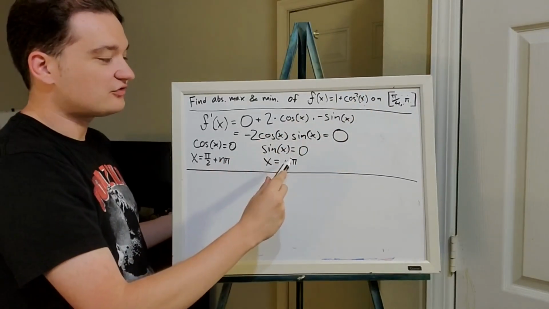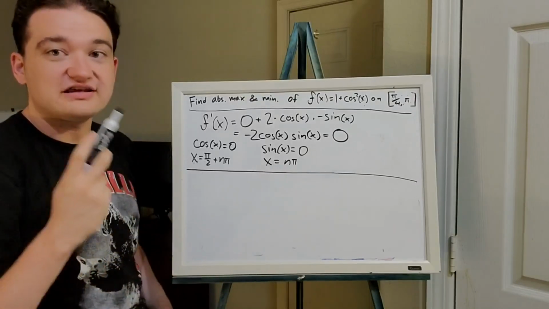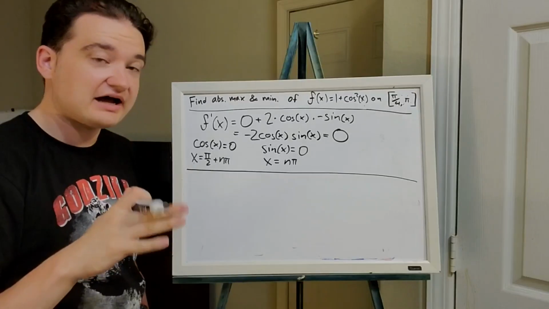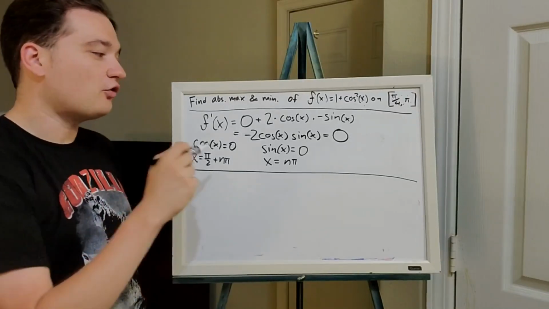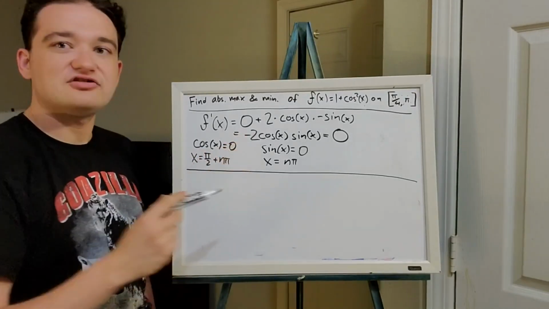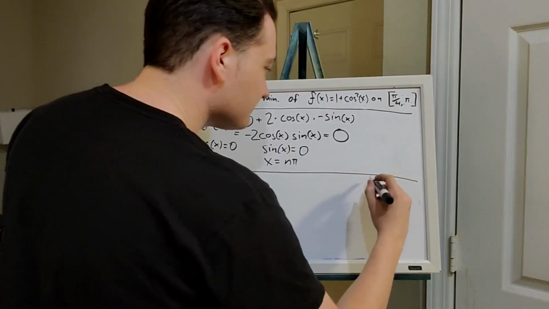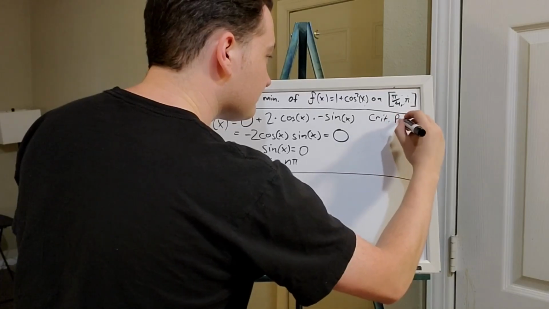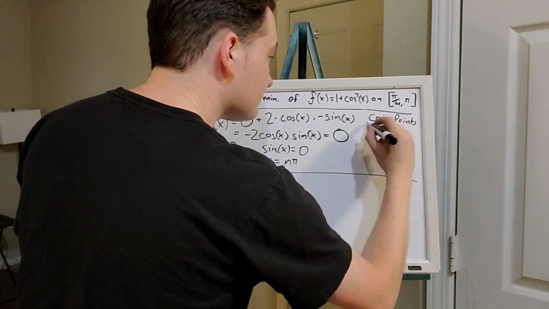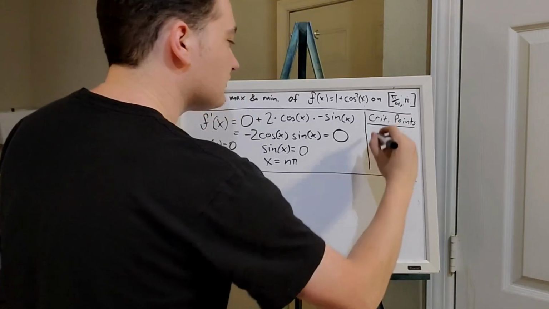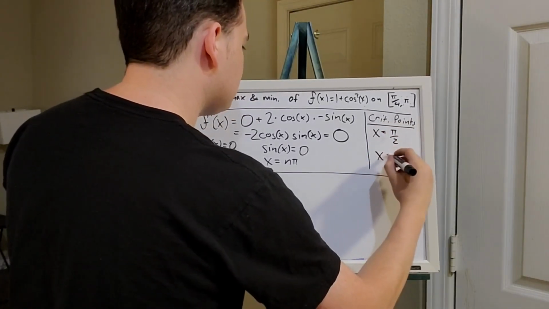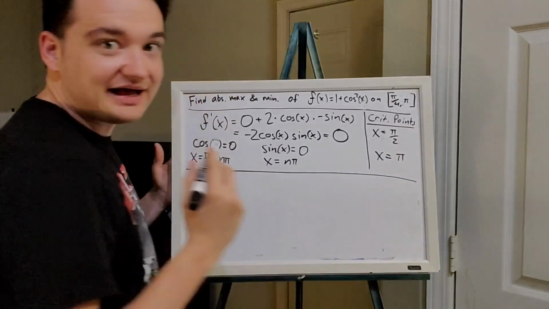Similarly, if x equals n pi, then all the multiples of 0 or 2 pi, those are outside the range. The only critical point that's in the range is pi, so we're going to write that down. Let me write that up here, actually. Critical points. We're going to have x equals pi over 2 and x equals pi.